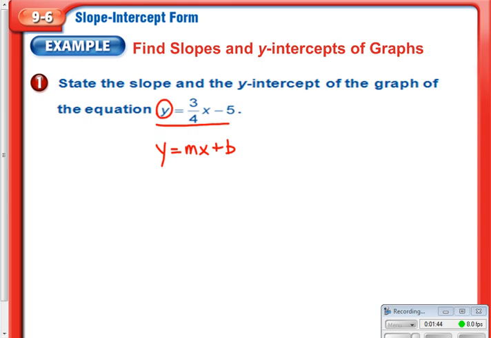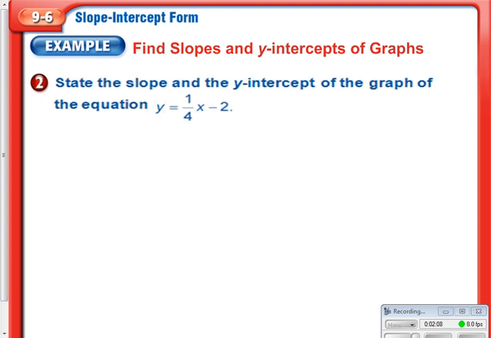What we need to pull out is your slope, m. M is next to x, so m is 3/4. Your slope is 3/4, which tells you your line is increasing because it's positive. Your b value is -5, so it intersects your y-axis at -5.